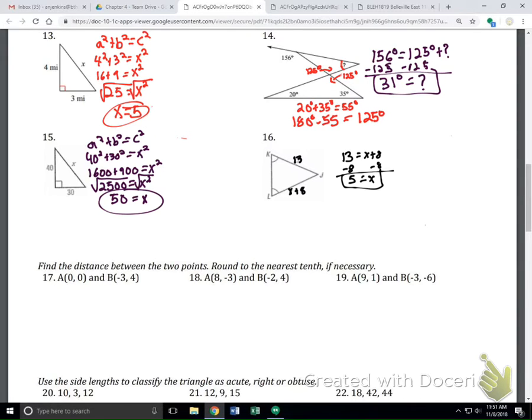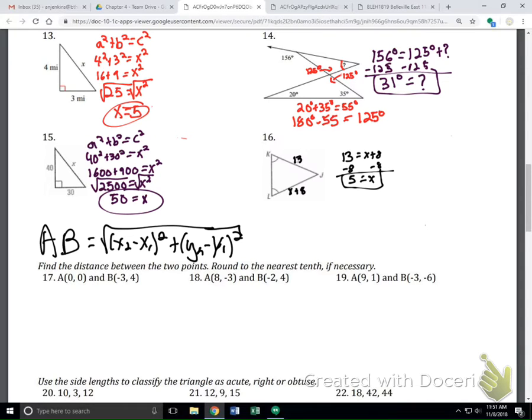Okay, so we're going to finish 17, 18, and 19. All three of them involve the distance formula. That's the part of 4.3 that we did not quiz over already. So AB equals x2 minus x1, and that's our distance formula.